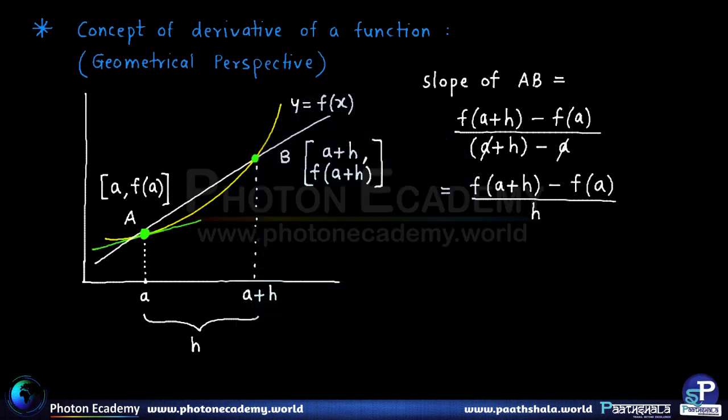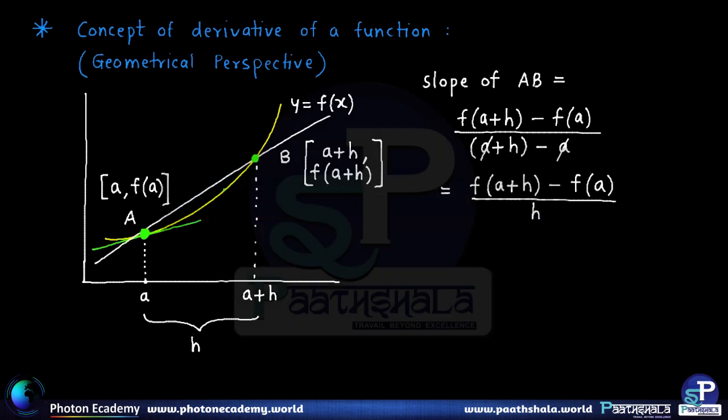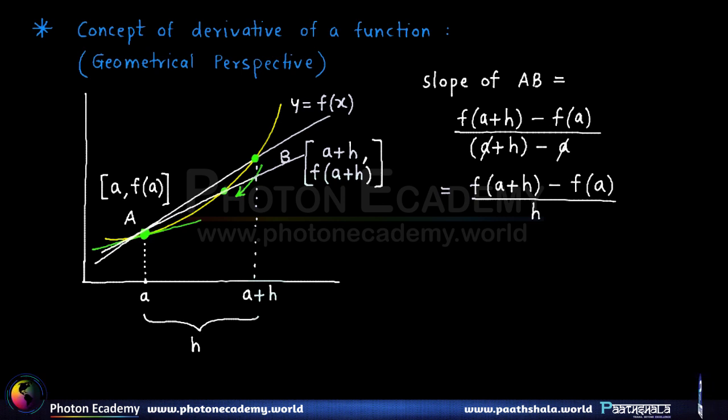Now is this the slope that we are actually interested in? Obviously no, because we want to find the slope of the tangent at A. So what we do is we now consider some point which is slightly closer to A than B. So it's like point B is moving on the curve towards A. Because of this, the new secant will look something like this. Now I hope you are able to imagine that.